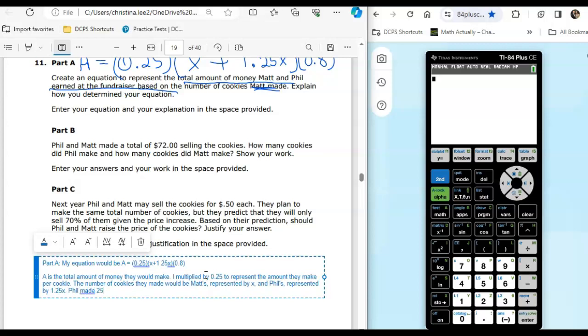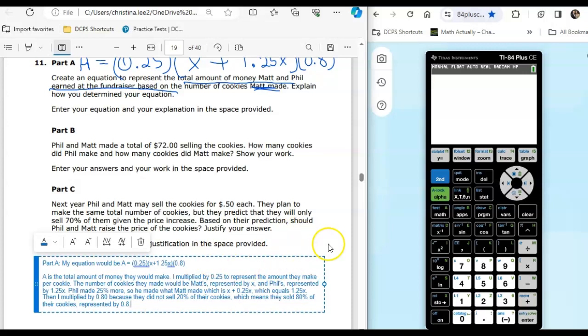Phil made 25% more, so he made what Matt made, which is x, plus 0.25x, which equals 1.25x. Then I multiplied by 0.80 because they did not sell 20% of their cookies, which means they sold 80% of their cookies, represented by 0.8.